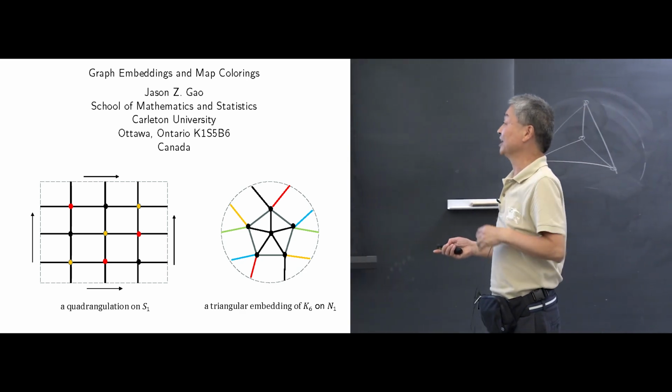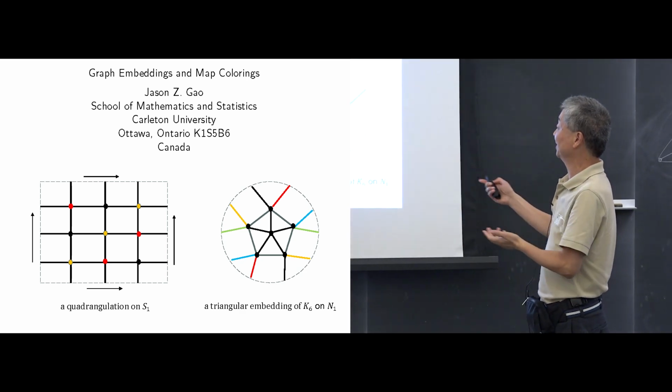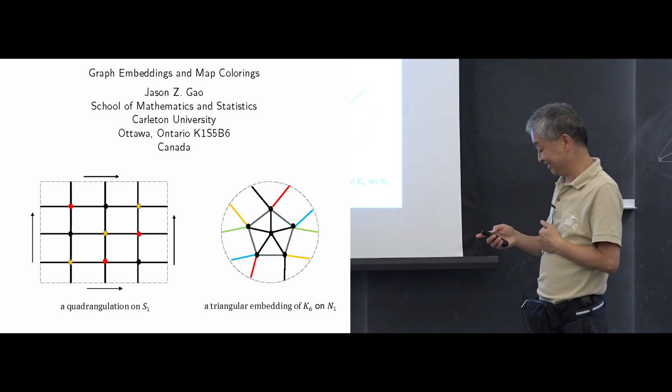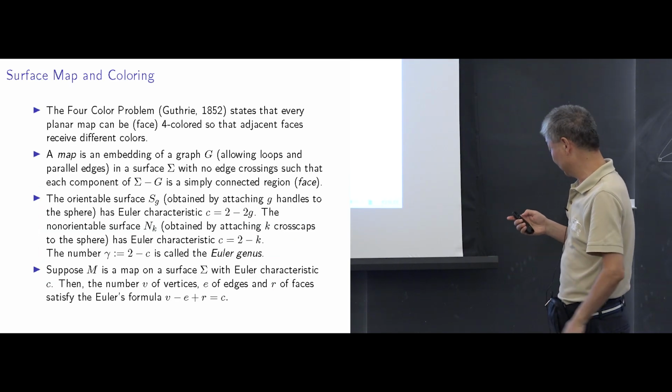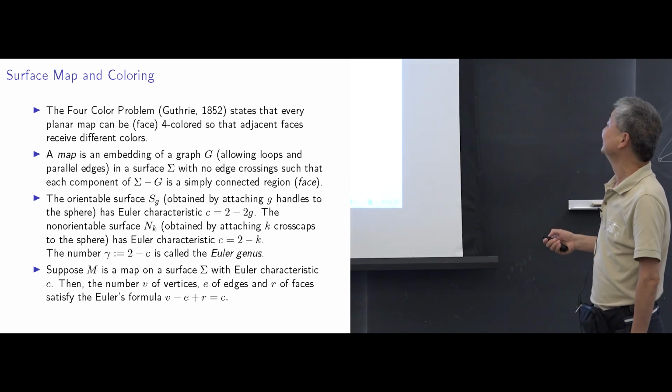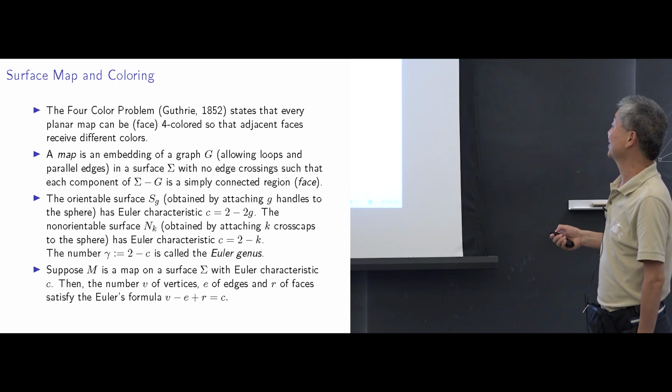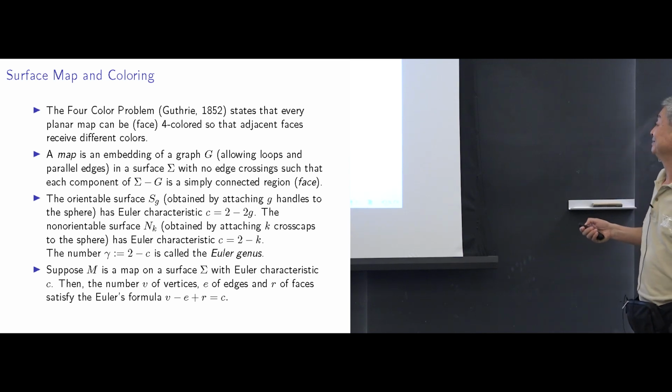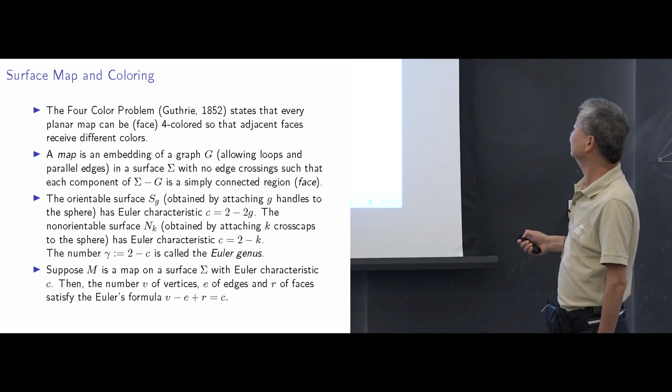Okay, so this slide explains surfaces, graph embeddings, and colorings. Now, of course, when we talk about graph colorings, perhaps the most famous problem is the so-called four-color problem, right? Many, many years ago. And this is about planar maps.